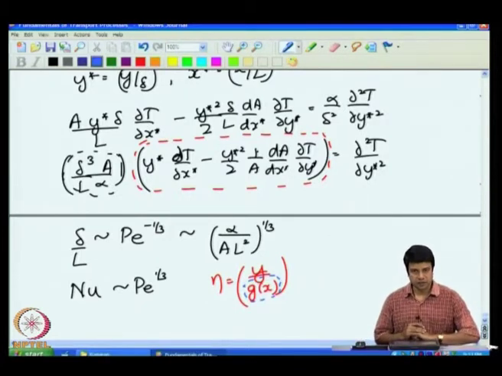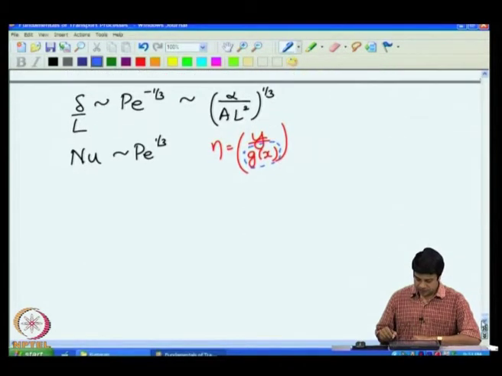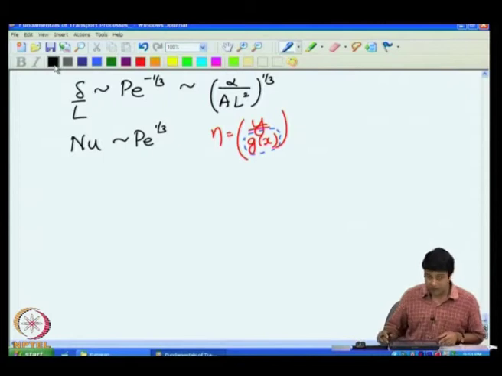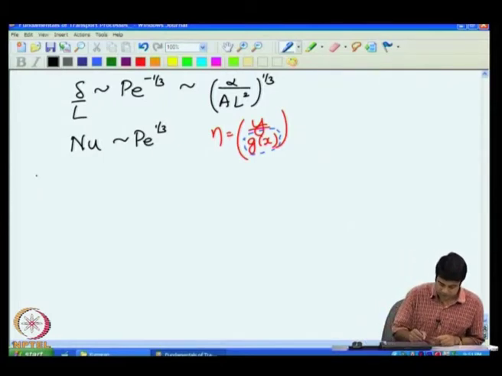Now, this is one particular case where the velocity goes to 0 at the surface. Let us consider another case where the tangential velocity itself is not 0 at the surface.